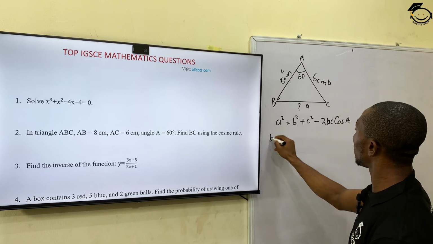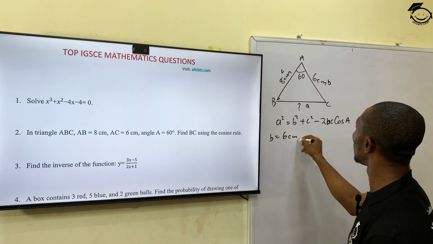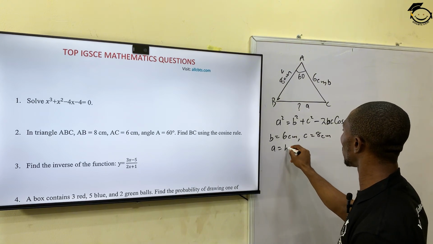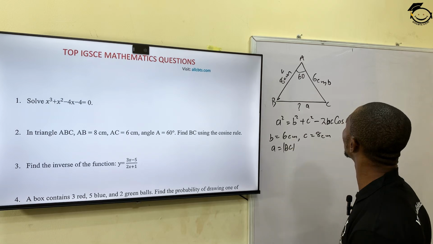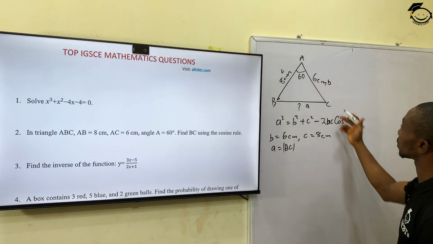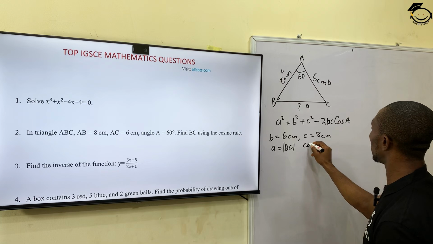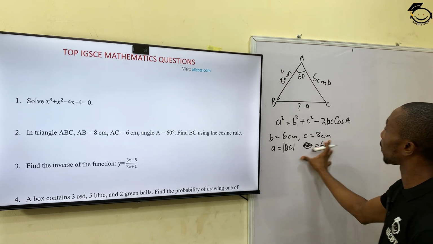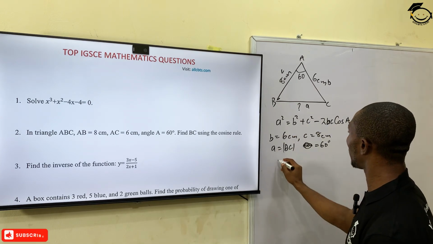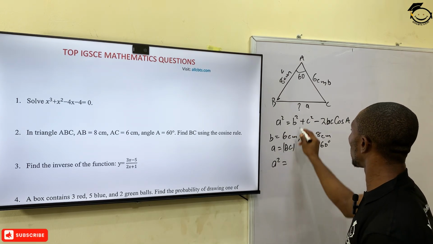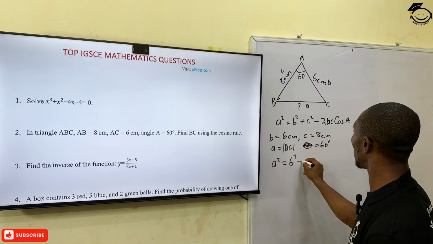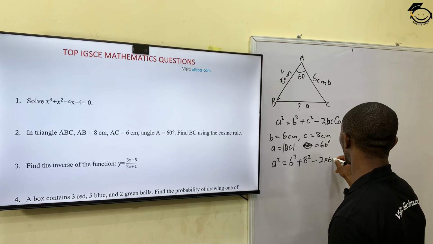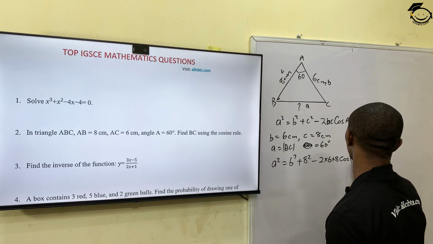So our small b equals 6 cm, c equals 8 cm, and small a equals BC, which we are asked to find. All right, our angle theta is 60 degrees, which is angle A. Now, applying this into our equation, we have a squared equals 6 squared plus 8 squared minus 2 times 6 times 8 cos 60.